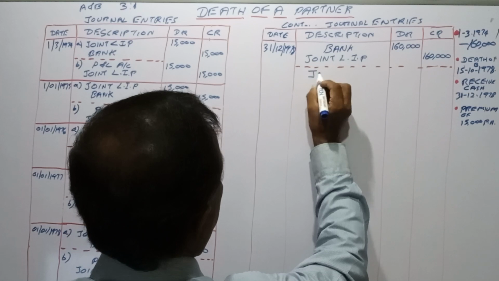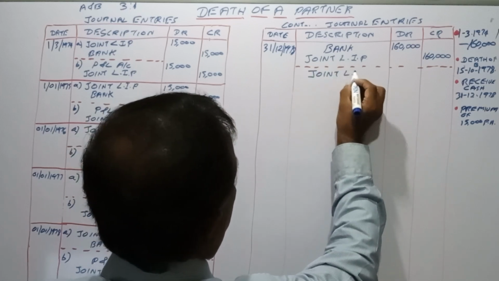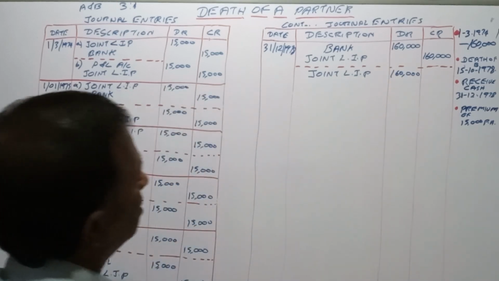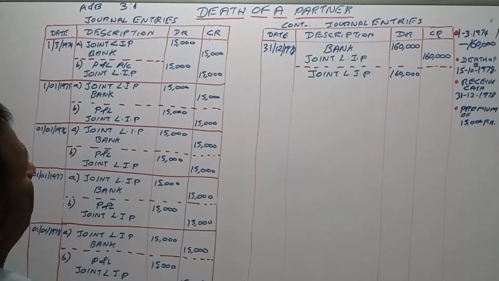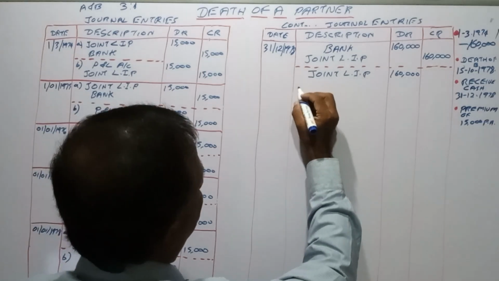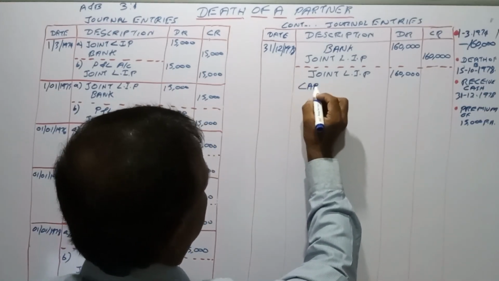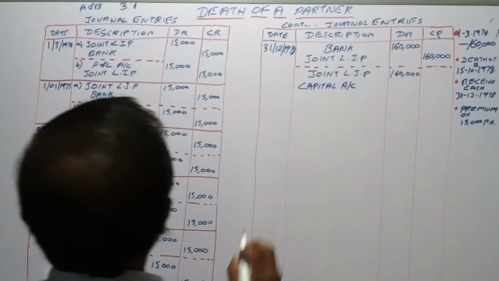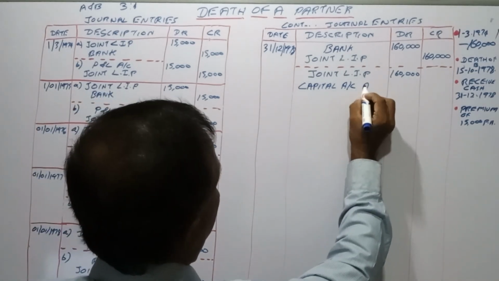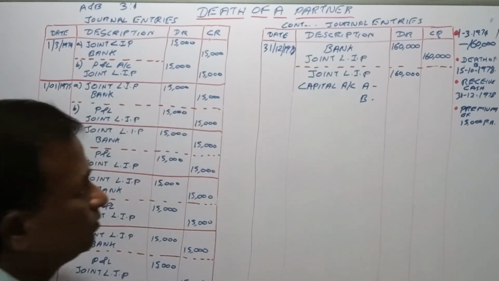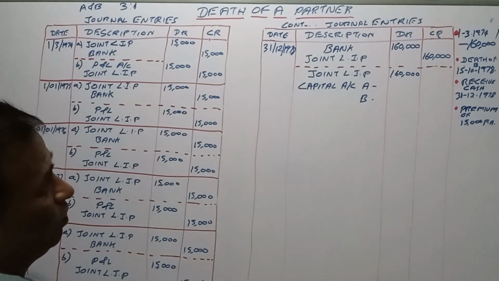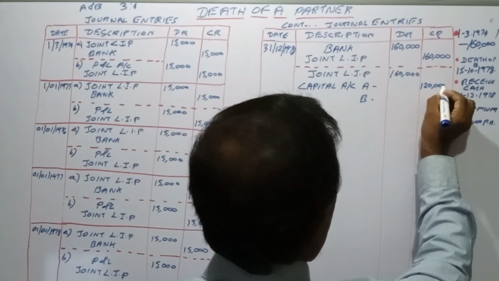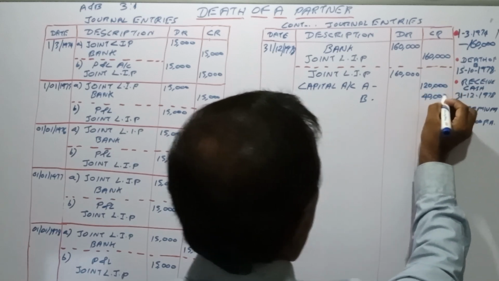Joint life insurance policy debit 160,000, and partners' capital accounts of A and B in the ratio 3:1: 120,000 and 40,000.